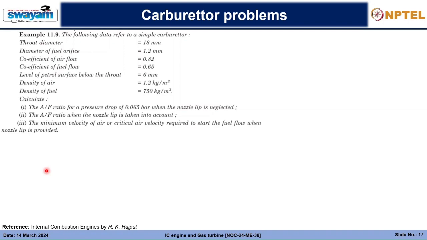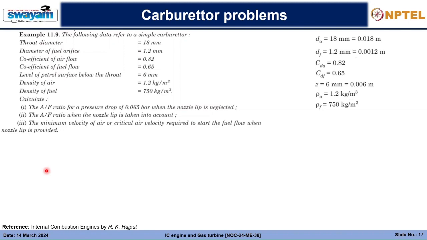Okay, then let us try to solve it. We are given these values. The airflow ratio when the nozzle lip is neglected can be given by this. We have to find the airflow ratio. So first we calculate the airflow, that is the mass of air, given by this formula we know.